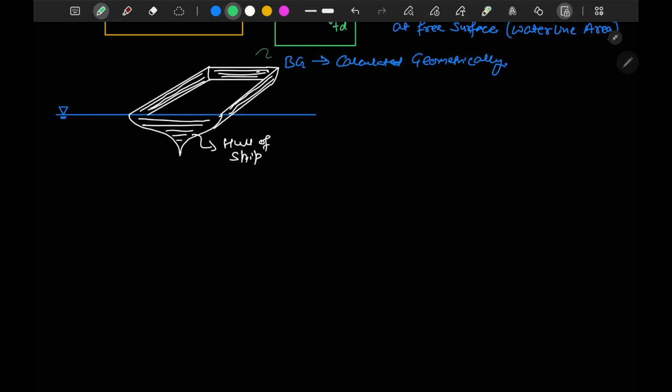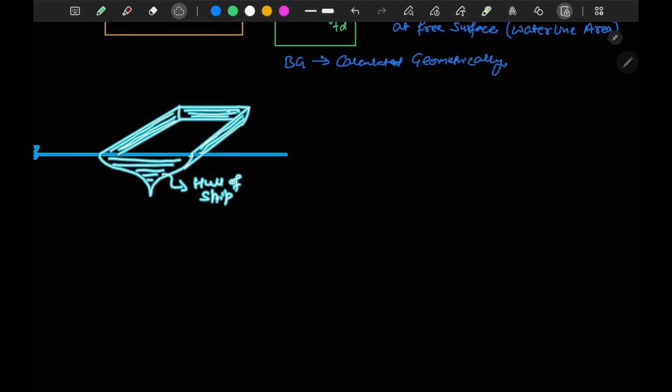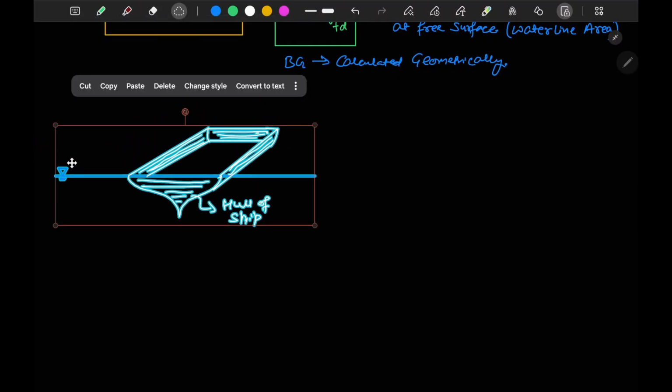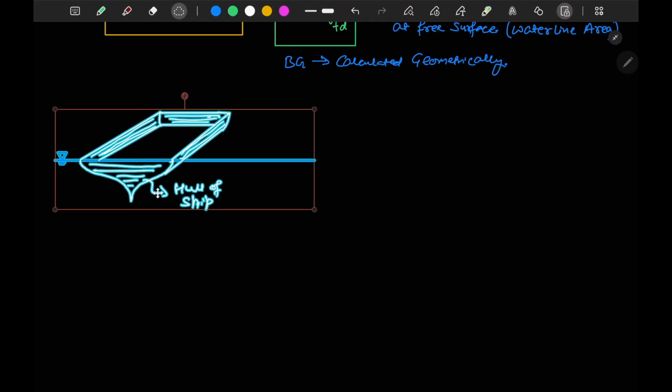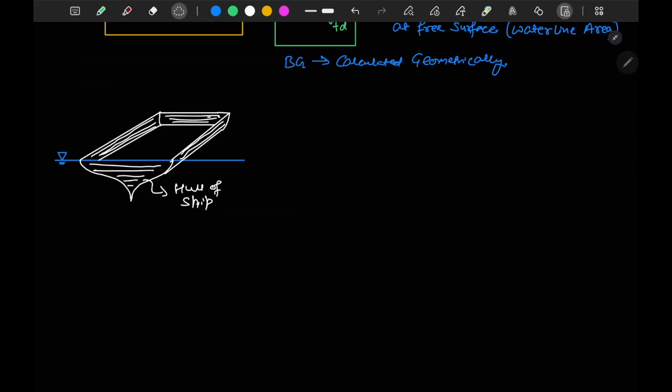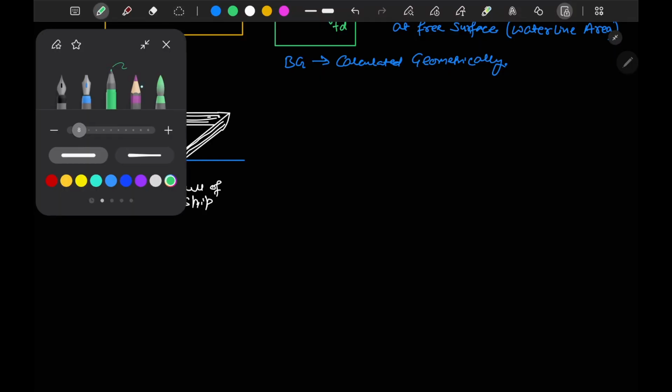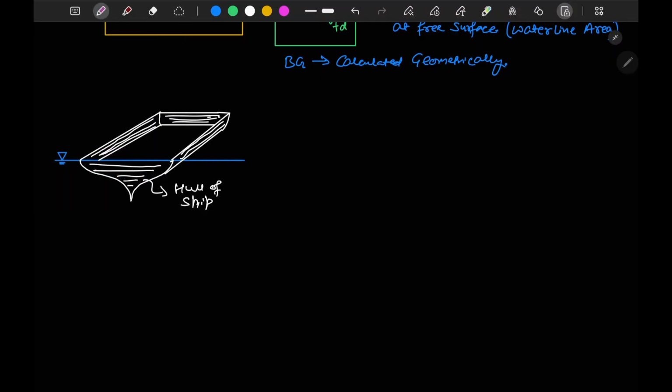Now one more thing I would like to mention here: there are three axes basically. Let me move it downward first, and let me mark the axes here. So one is this axis, your longitudinal axis.